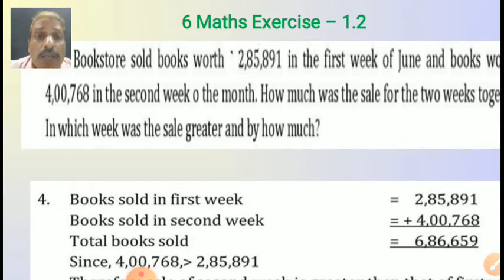Yes, 2 weeks together means addition. In which week was the sale greater, and by how much? Three questions together. Easy, student, don't worry. We will solve it fast. First of all, addition. Addition is now very easy for you.